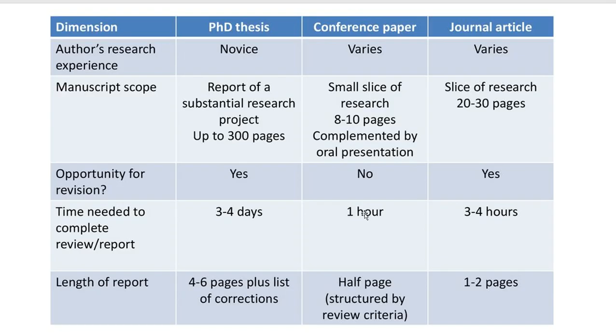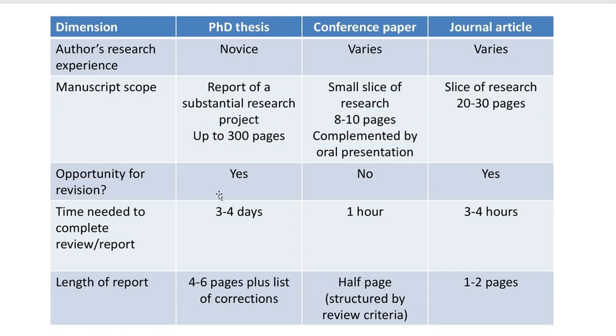Okay, and the review process dimensions: author research experience, PhDs, novice, conference novice, and journal article varies. Manuscript type: based on structure, the report gives various factors, either PhD thesis, conference papers, or journal articles.